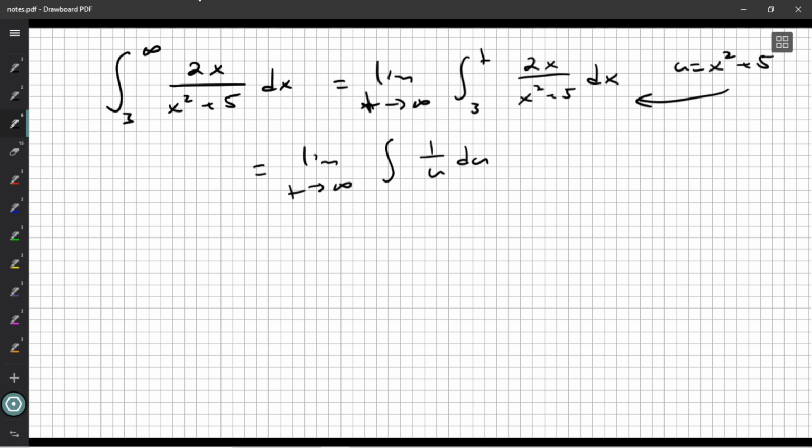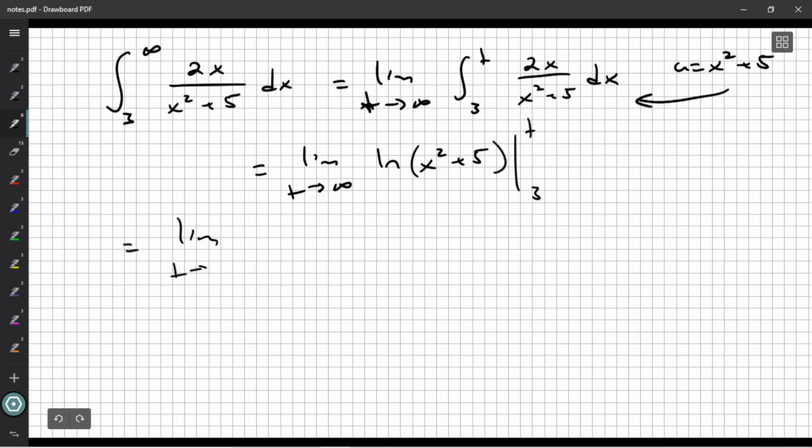Okay. But then we know how to integrate that, so it should be ln u. And then we can switch back. So we can say ln in absolute value of x squared plus 5, but x squared plus 5 is always positive, so we don't really need the absolute value bars. You can keep them if you want, but we don't need them. Okay, and then we're going from 3 to t.